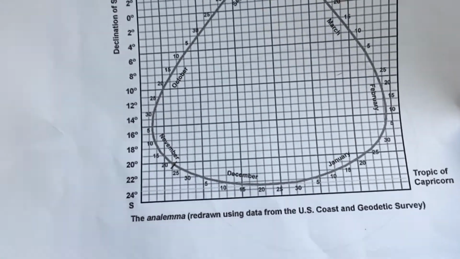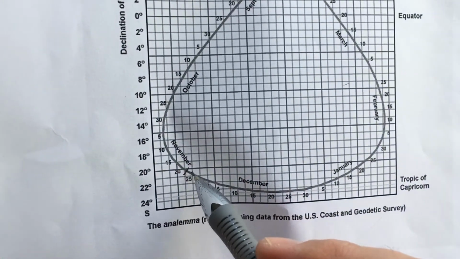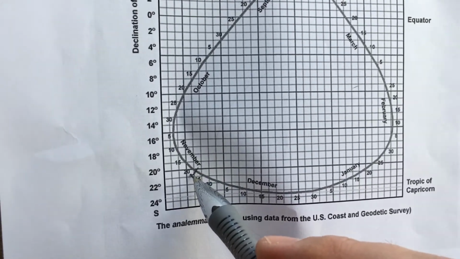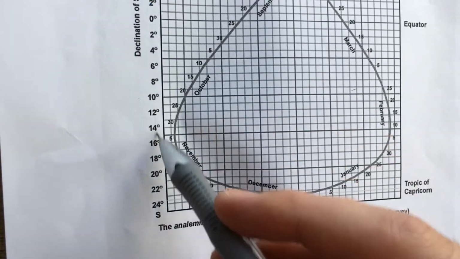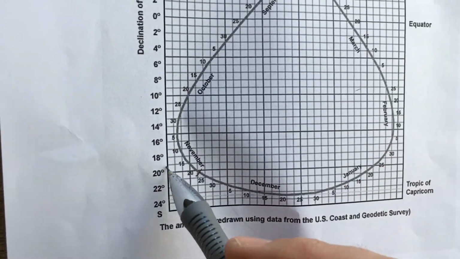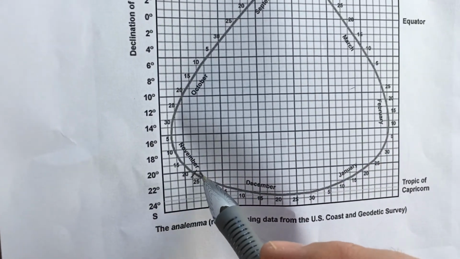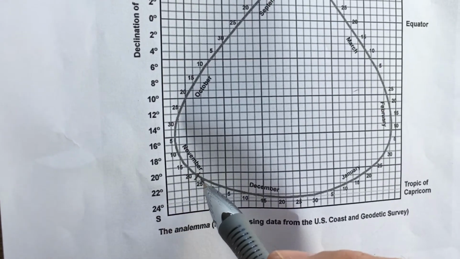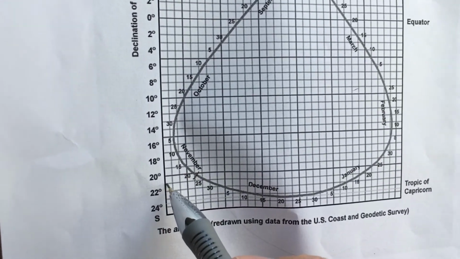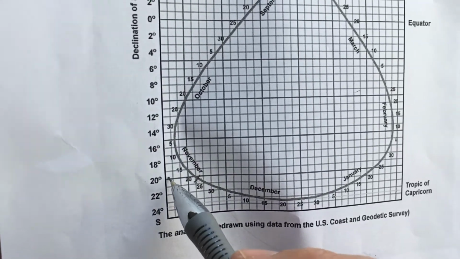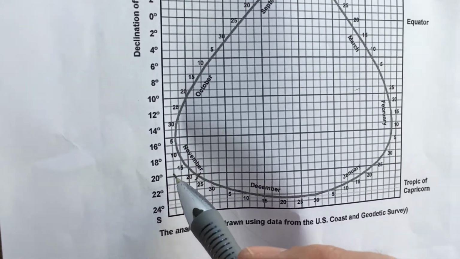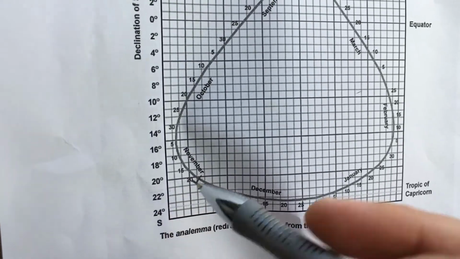Now, with November 22nd as my mark, I'm going to scroll over to the left side, the y-axis, and look for how many degrees this correlates to. I know this line is 20, and the line right below it is 21, so I'm in between the 20 and the 21. 20 and a half, we'll call it.